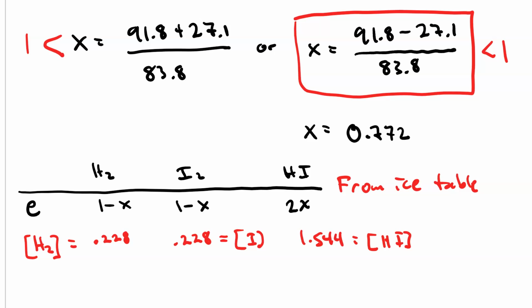And if you remember our equilibrium constant expression, we had the concentration of HI squared up top over the concentration of H2 times the concentration of I2.